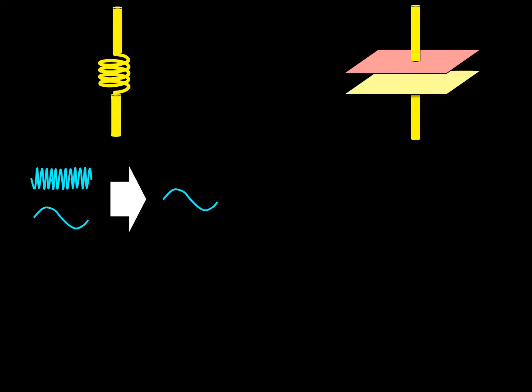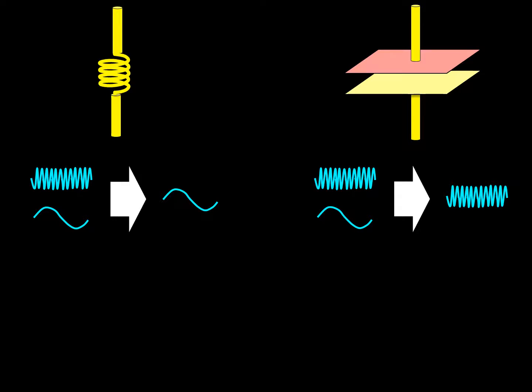Once an inductor is full, as long as there is no change in current, the inductor becomes a resistance-free conductor. A capacitor allows a fast wave to go through. Once a capacitor is full, as long as there is no change in current, the capacitor becomes an infinite resistance conductor. It blocks all conduction.